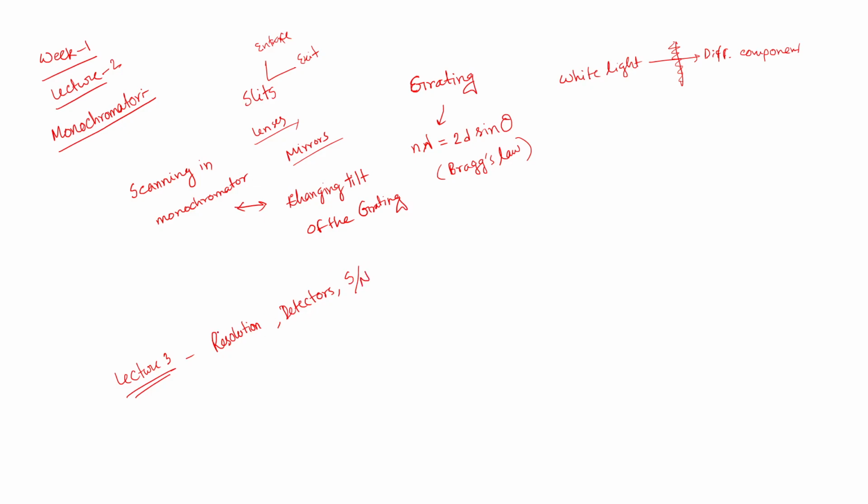Do you have any doubt regarding resolution, detectors or signal to noise ratio? Can any of you tell me what resolution means? Avantika, what does resolution mean? Is this a better resolved spectrum, or is this one? What do you think?